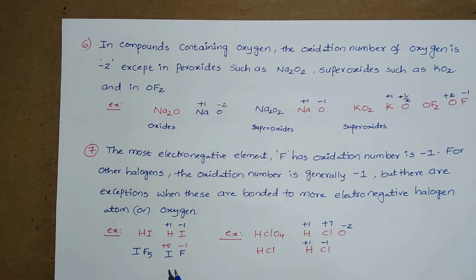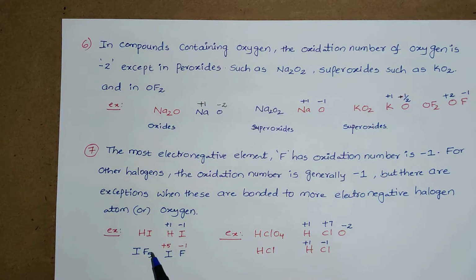Except for fluorine, the remaining halogen atoms, chlorine, bromine and iodine, can also show a positive oxidation state in addition to -1. That means fluorine shows only the negative oxidation state, whereas the other halogens, chlorine, bromine and iodine, can show both negative and positive oxidation states.